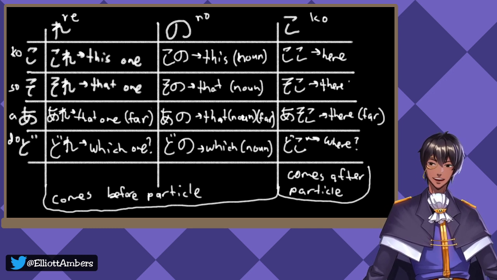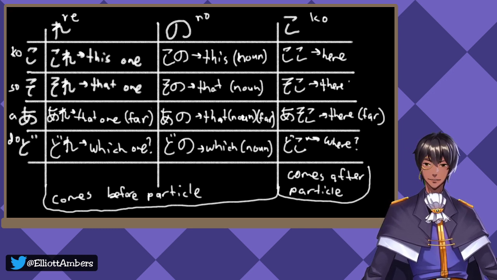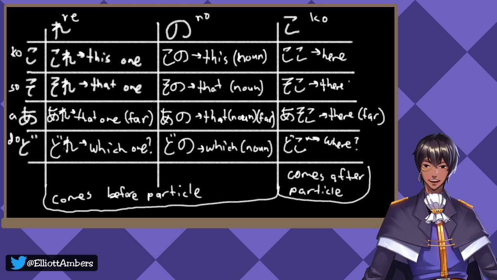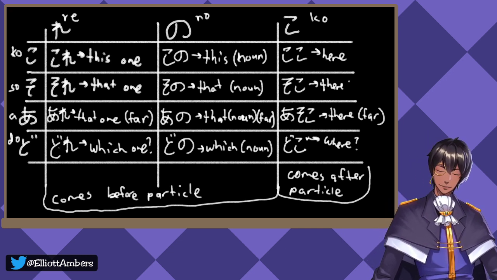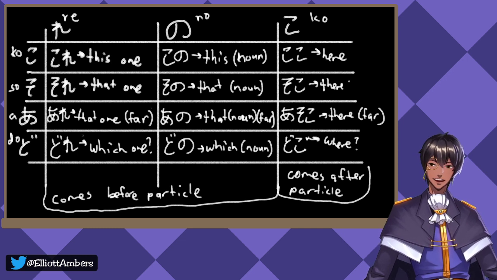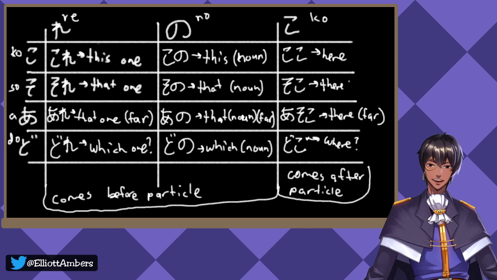Are is used when we're talking about an object far away from both you and the person you're speaking with. And dore means which one. Say that you're trying to figure out the price of two different items, and you want to specify which item, you would say dore. We went more into specifics on that in the previous lesson, including how we use these in sentences.